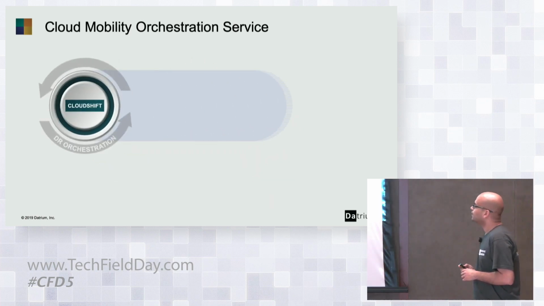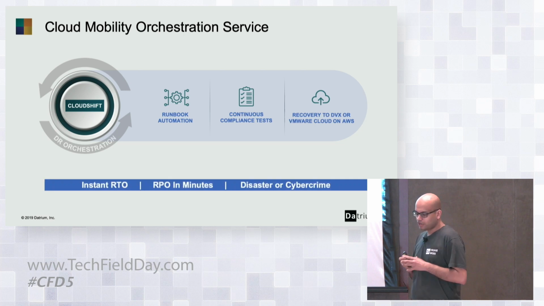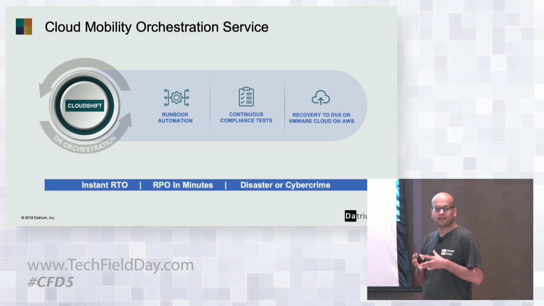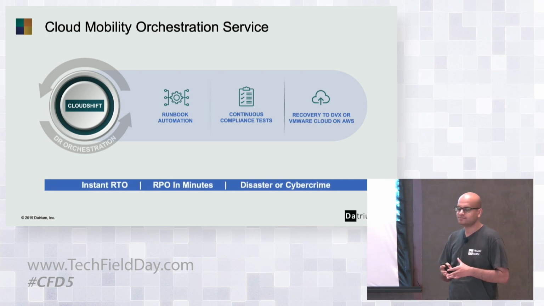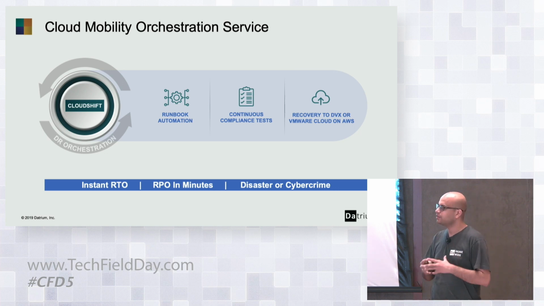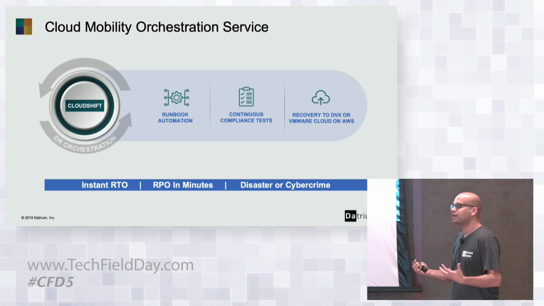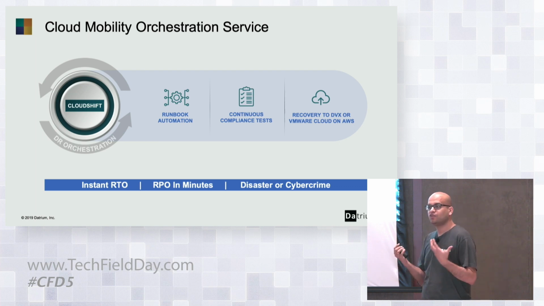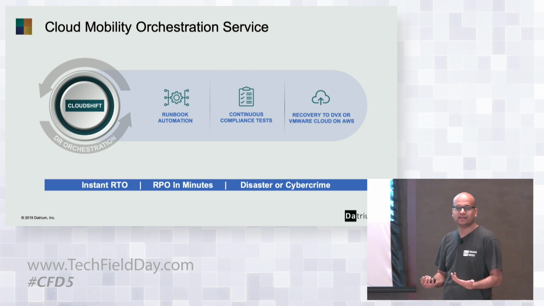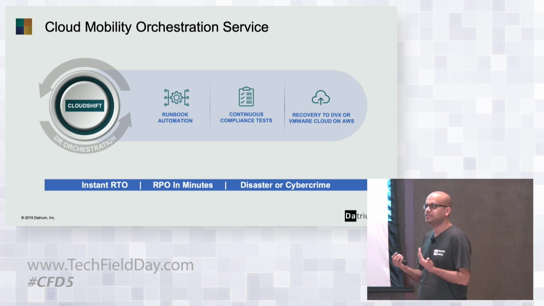So having said that, what is CloudShift, right? CloudShift at its very core is a runbook automation engine. It has the ability, because it's built on a single converged stack of DVX, which does primary, backup, and replication, to perform end-to-end compliance checks so that you are sure that when you need that data to be available, it's actually going to be there, right?